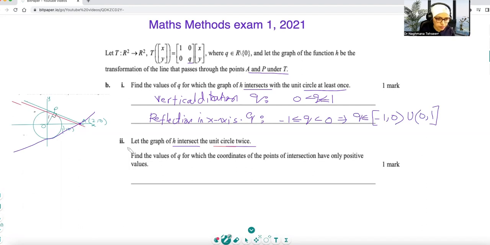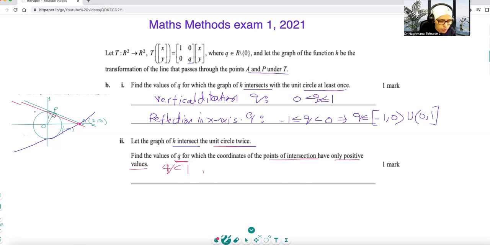This is just to show you. So these are the Q values we're looking for. The points of intersection have only positive values, so we need to make sure that it's going to be positive. One thing we notice is that Q has to be less than 1, right?